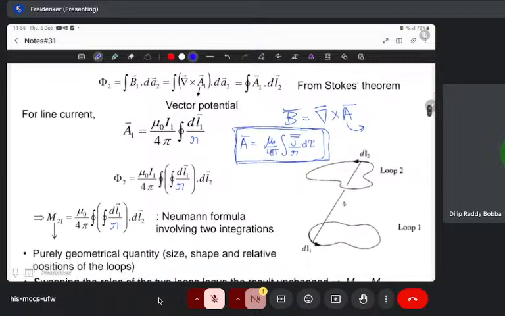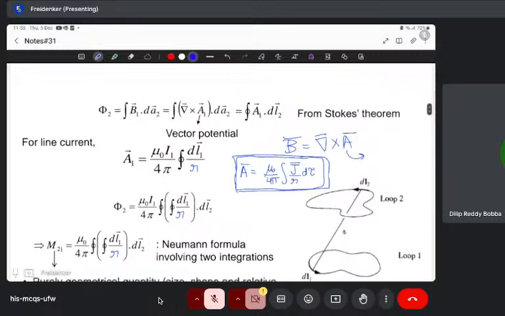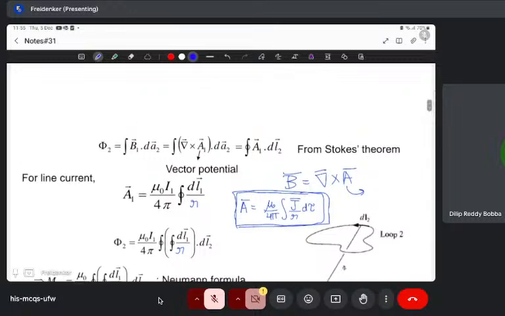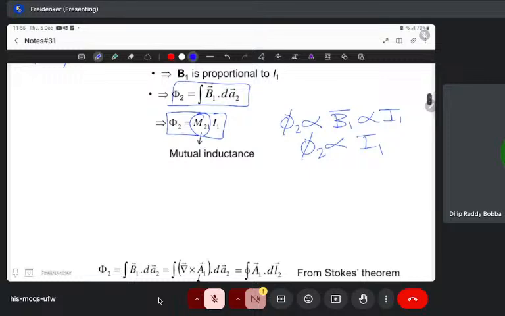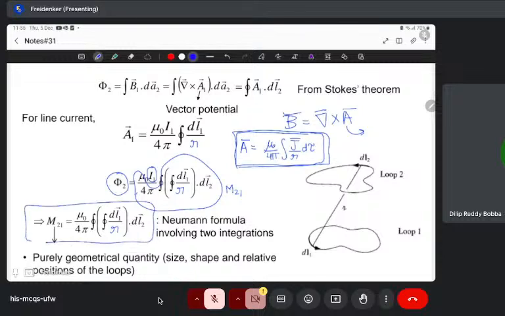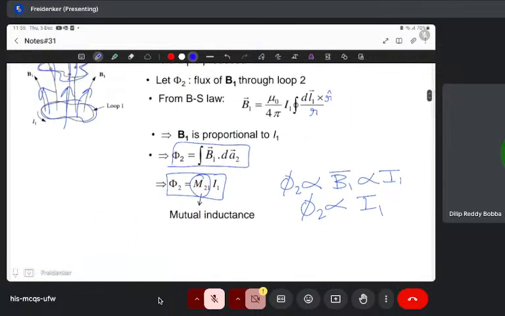So what they're trying to show us is what M21 is. We wrote that phi 2 is proportional to I1, right? So after doing some math, you will see that phi 2 is there, I1 is there. So the rest of the term is nothing but M21. So M21 is here. I think basically we used Biot-Savart's law, right?